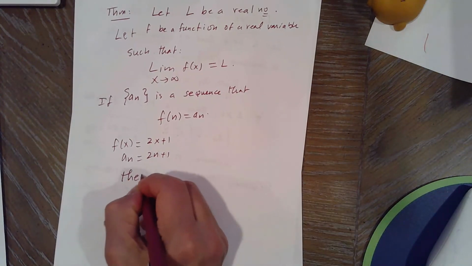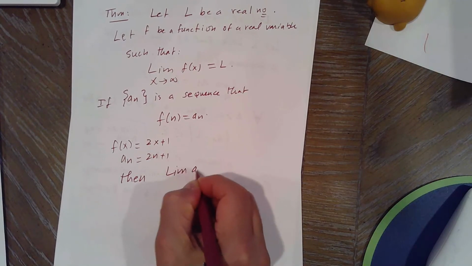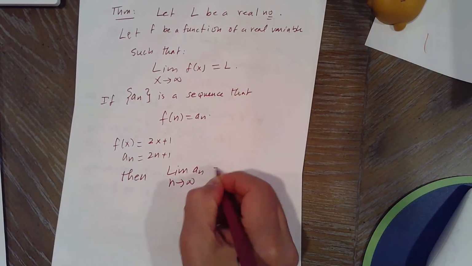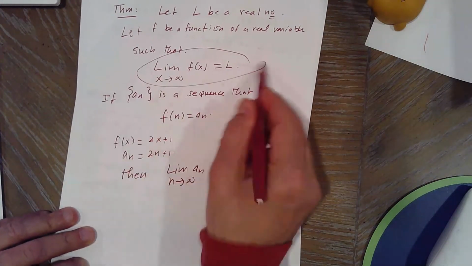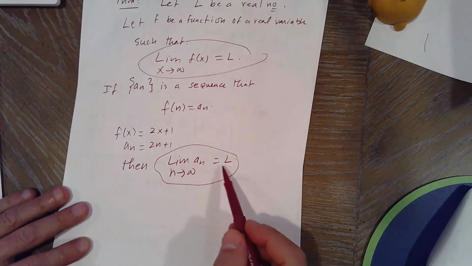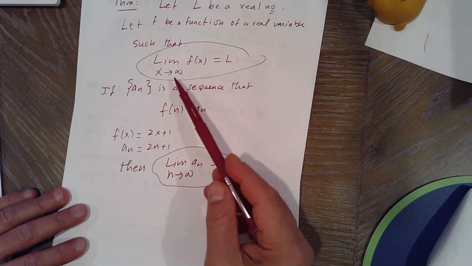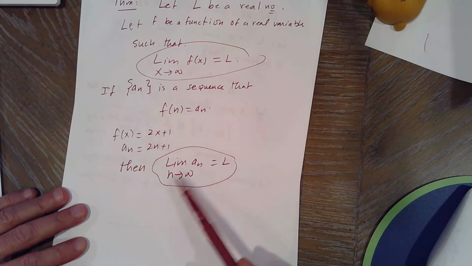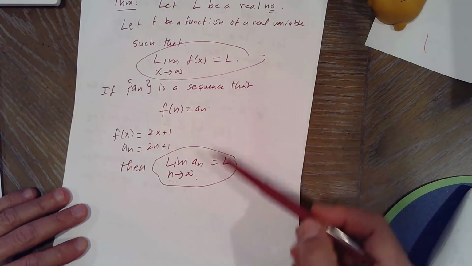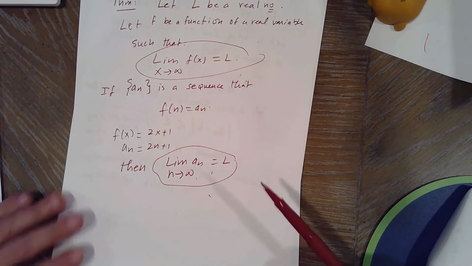Then the limit of An as n goes to infinity is L. So basically, what this is telling us, if I want to find the limit of a sequence, it's like finding the limit of a function. In the case of a function, x goes to infinity. In the case of a sequence, n goes to infinity, and they will give you the same result. Okay?